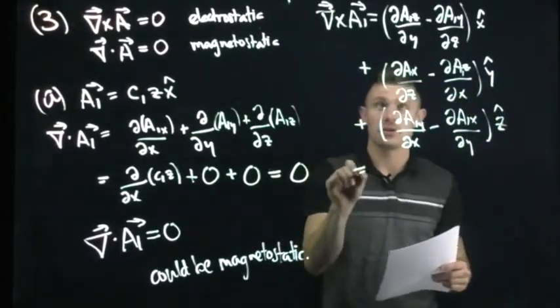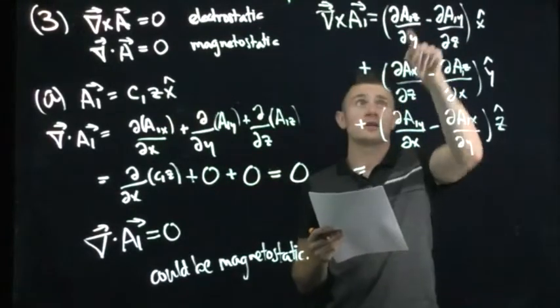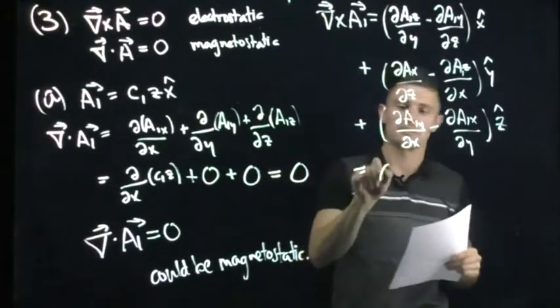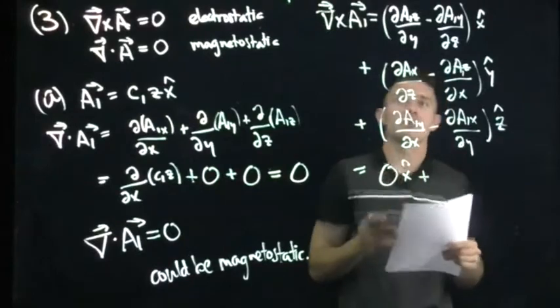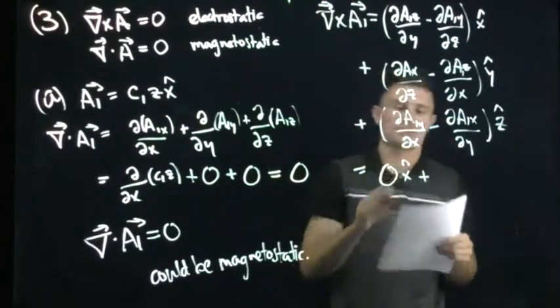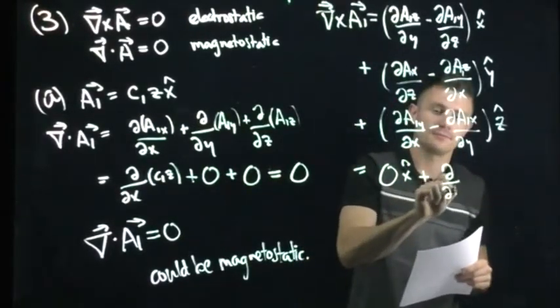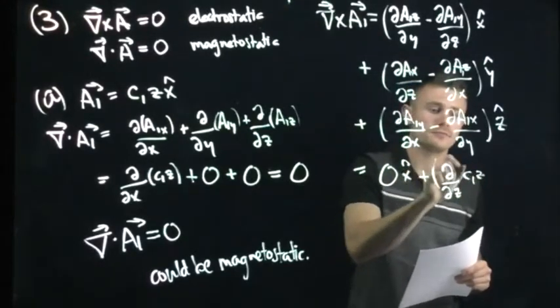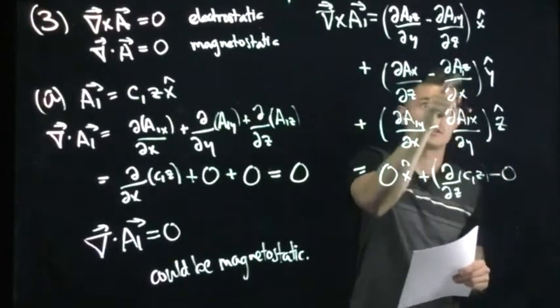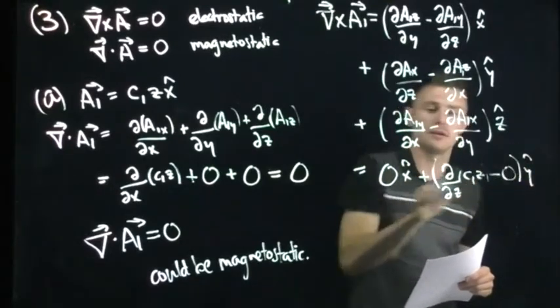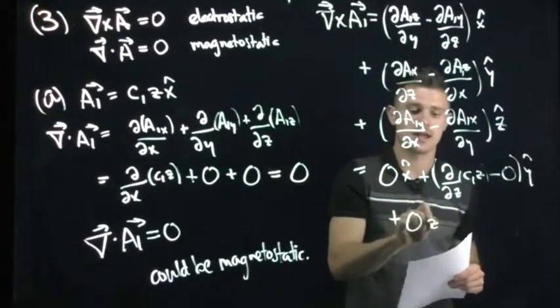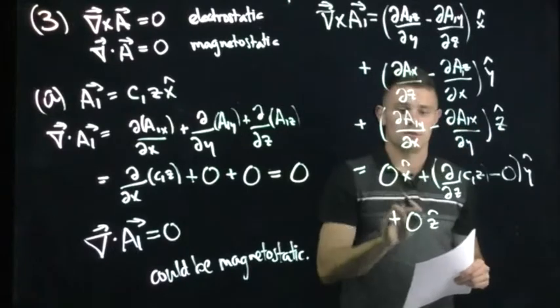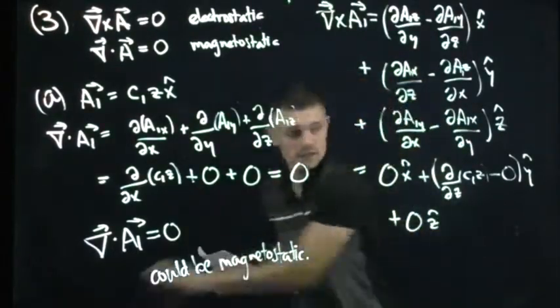So lots of these will be 0. Of course, there is no z component and no y component, so it's simply 0 x hat, plus, in the y hat direction, we have d by dz of A1x, which is C1 z, minus 0 because there is no z component. Plus again 0 z hat because there is no y. Sorry, it's not 0 here.